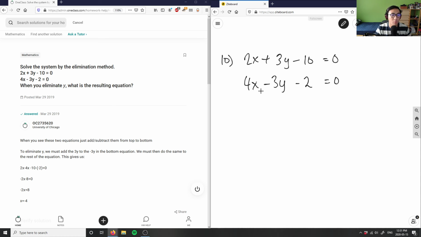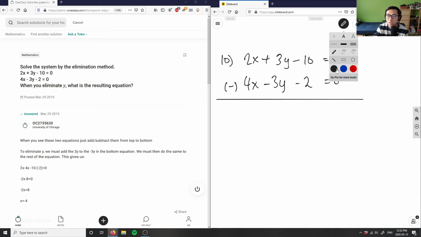But in this case, I actually can't eliminate any of these variables as they are. I have to change our equation first. I can see I have 3 here and minus 3, but 3 minus minus 3 would give us a 6.